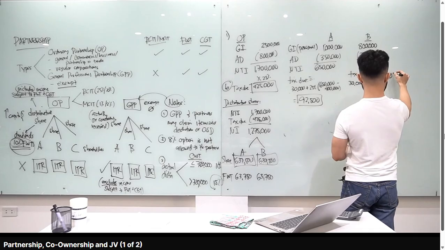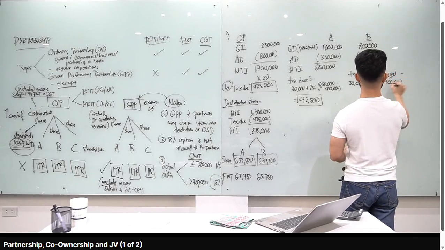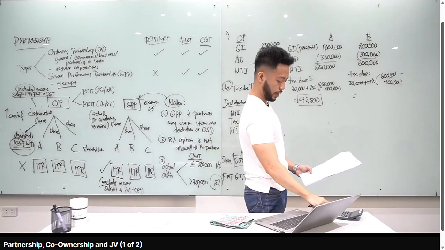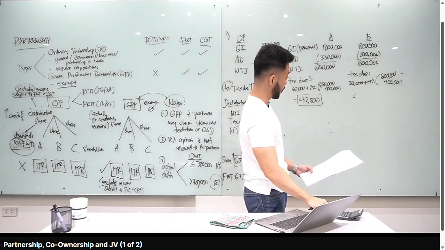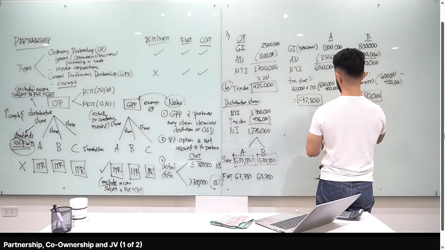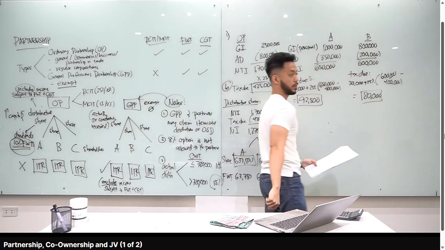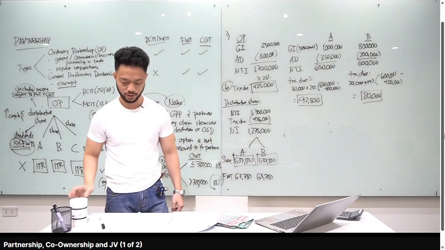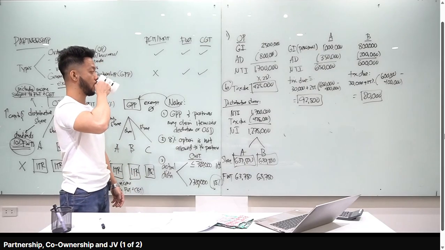So, 600,000 minus 400,000 times 25% plus 30,000, you get 80,000. So, final answers for question C: for partner A, 92,500. For partner B, 80,000. Okay, so yan, that's how you answer number 1.